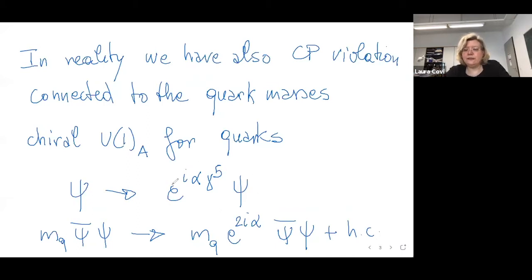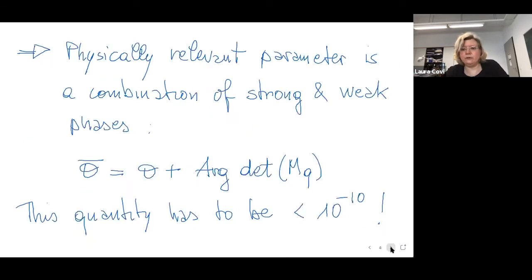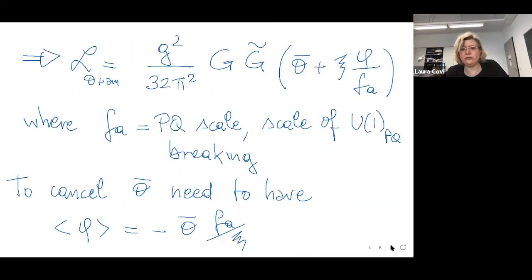But when the QCD symmetry starts to be broken, you get a breaking of this chiral symmetry, apart from the breaking that you would have from the Higgs field, just coming from the QCD sector. And this is connected to this U1A symmetry in the quark sector. And this would automatically give you a potential for the combination theta bar plus phi.